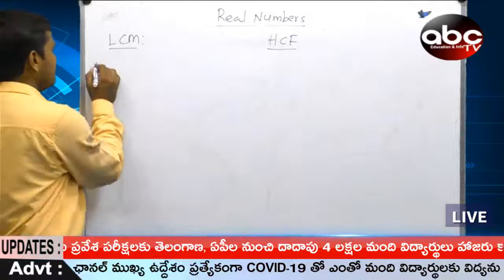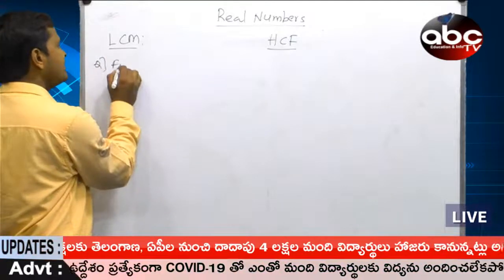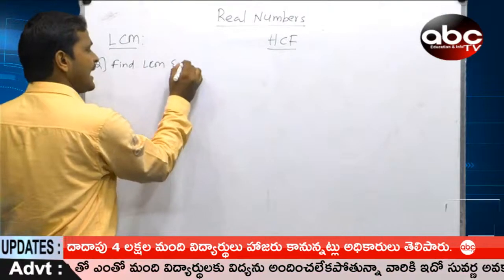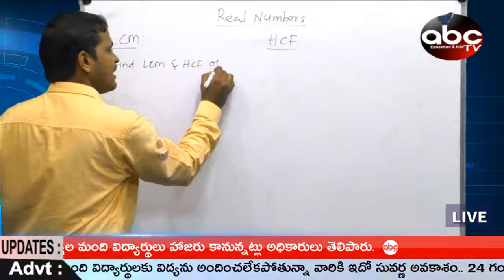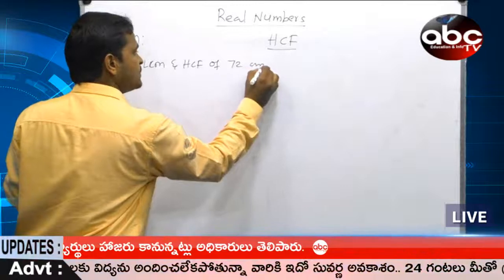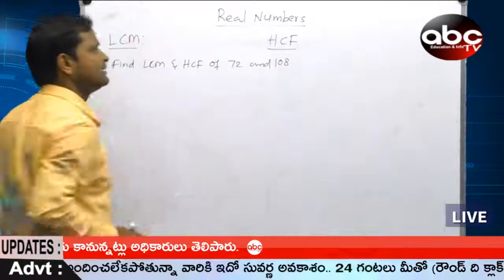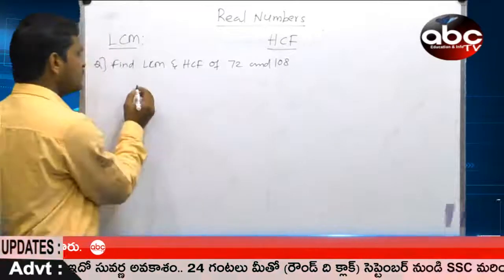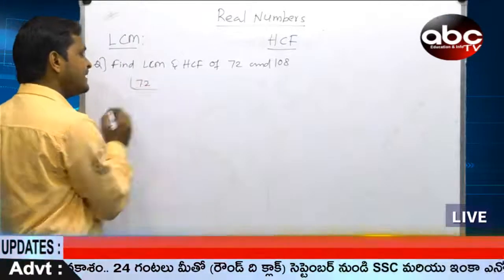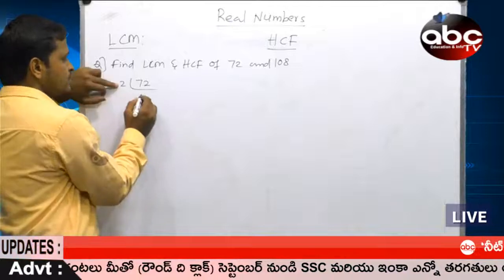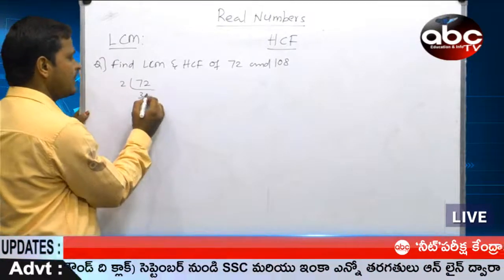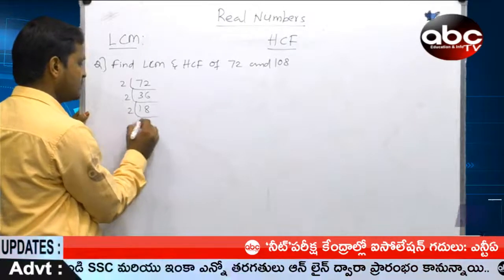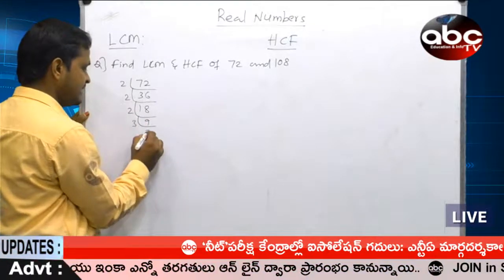For example, find LCM and HCF of 72 and 108 by using the prime factorization method. 72: 2 threes are 6, 2 sixes are 12, 2 eighteens are 36, 2 nines are 18, 3 threes are 9.